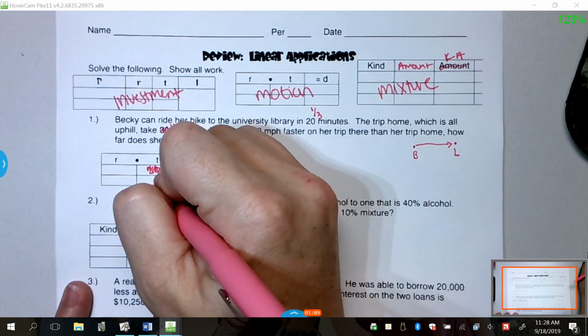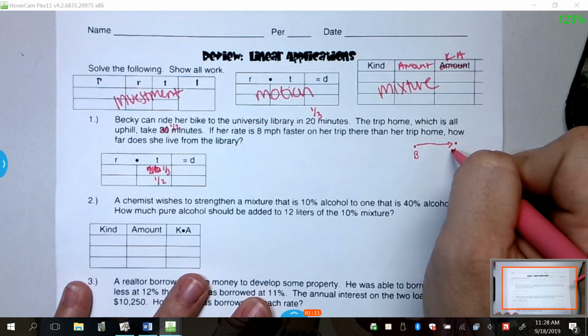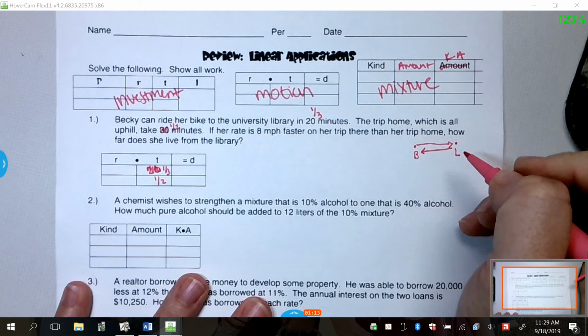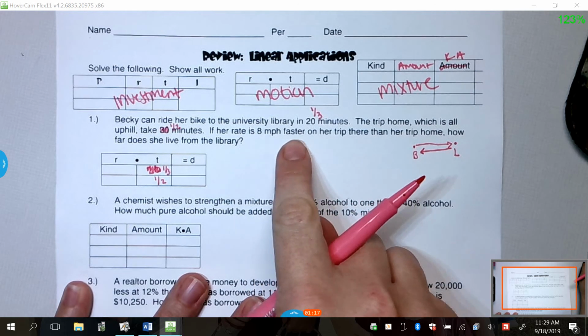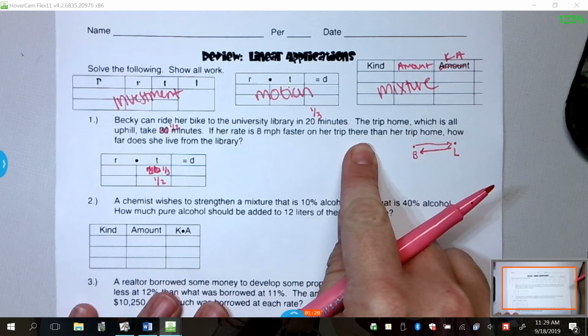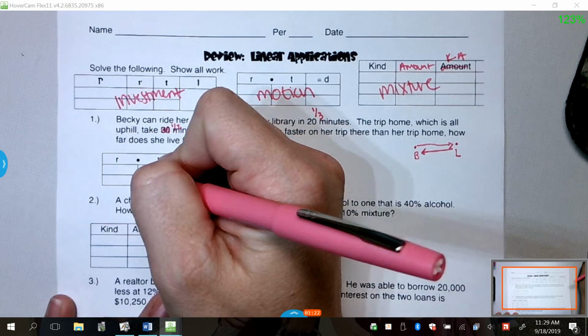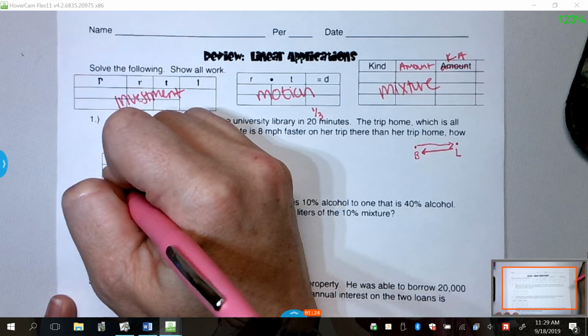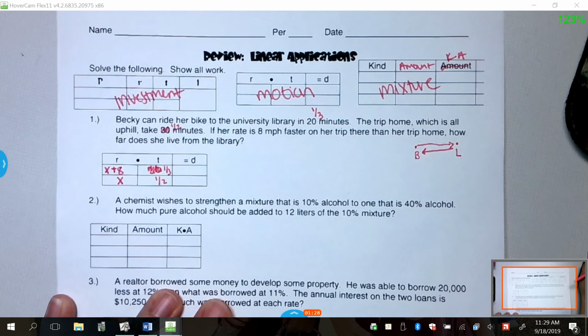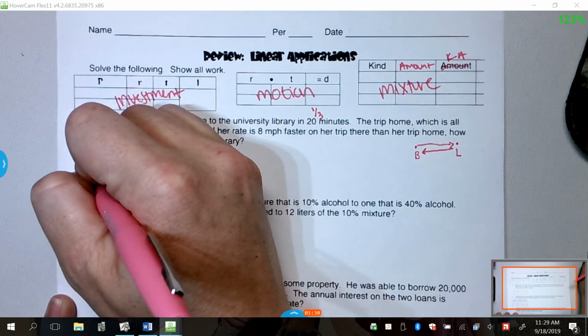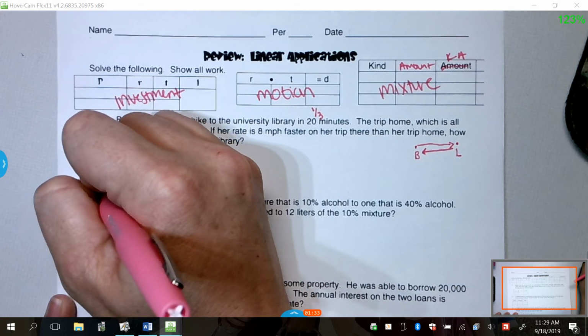Okay, so I know my other time is half of an hour because on her way back, it takes half of an hour. Okay, her rate is 8 miles per hour faster on her trip there than her trip home. Okay, this is her trip home. Okay, and this is her trip there. Okay, it's 8 miles an hour faster. Okay, because this is when she's going, this is when she's returning.